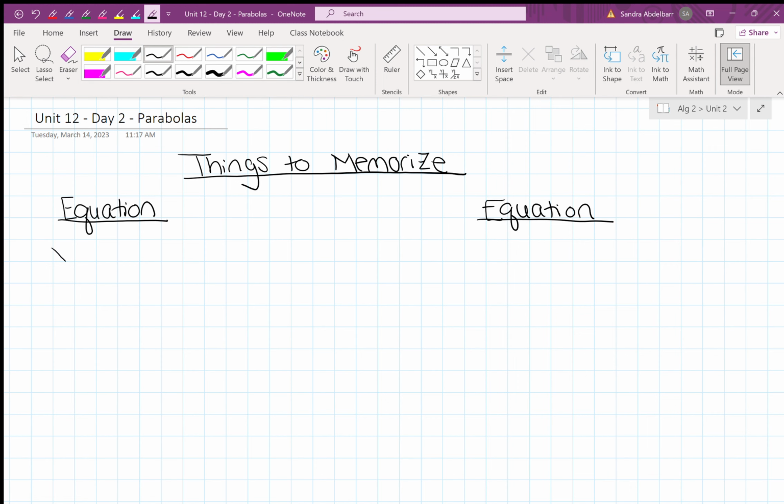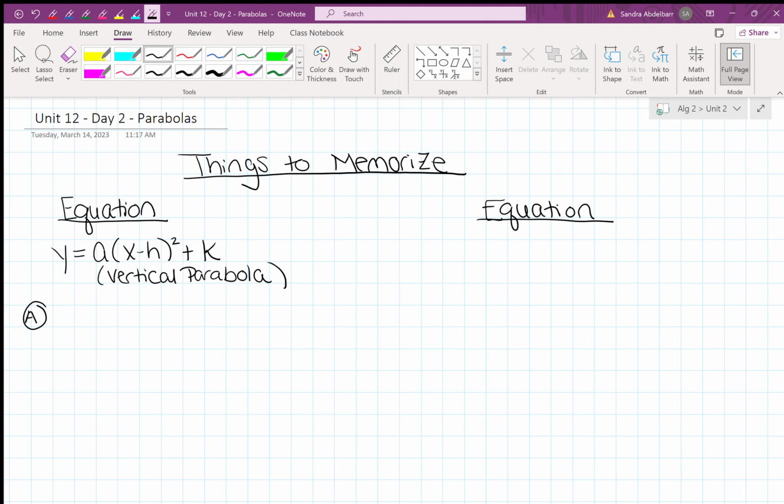Okay, so y equals a times the quantity of x minus h squared plus k. So you all tell me, is this an equation of a vertical parabola or a horizontal parabola? Vertical. This is a vertical parabola. All right, a few things we need to memorize.